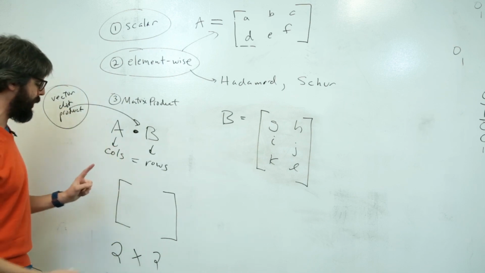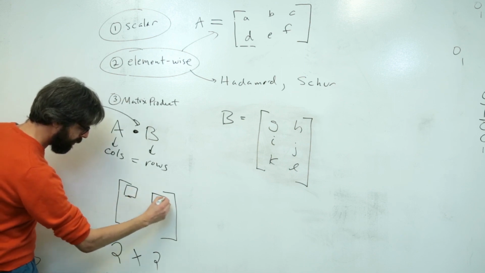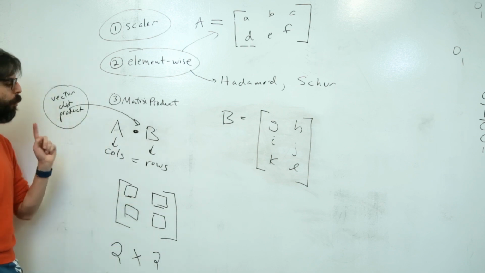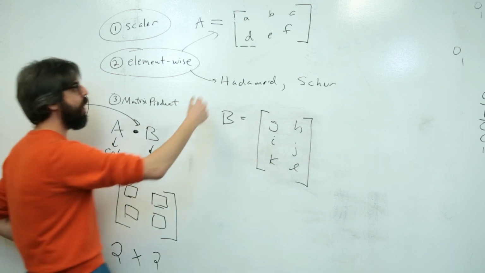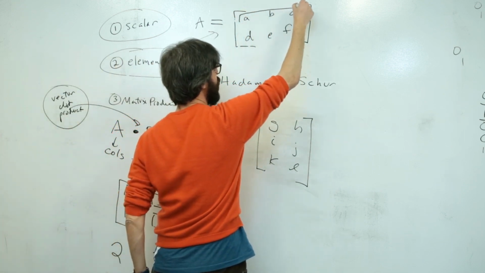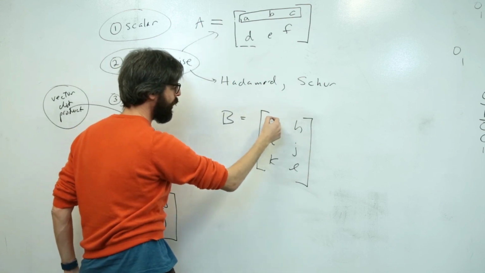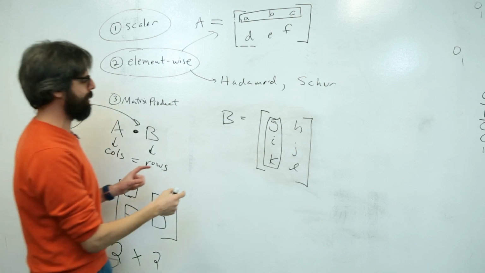Now, what am I doing here? How do I fill in each of these blanks? So I'm going to just put a little blank square here. I know I need 2 by 2. Well, what I do is I take the dot product of the row of A with the column of B. So it's almost like the intersection.